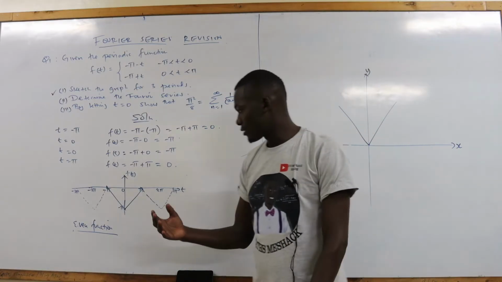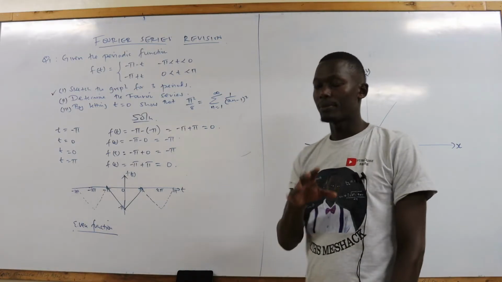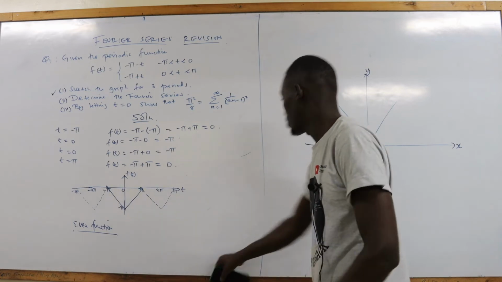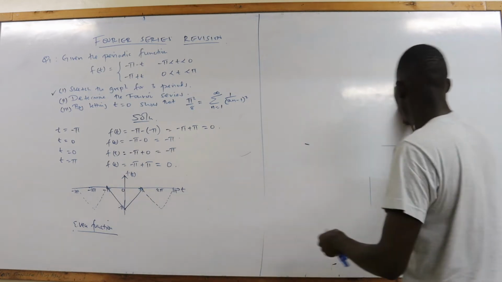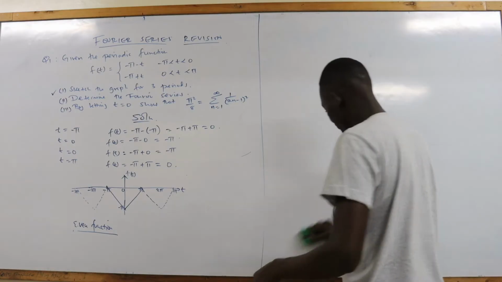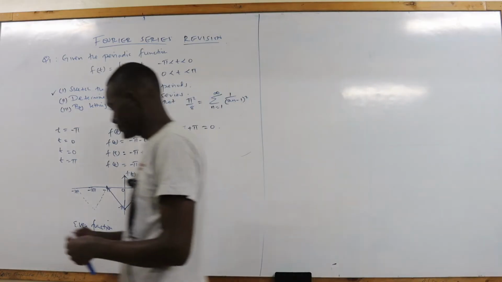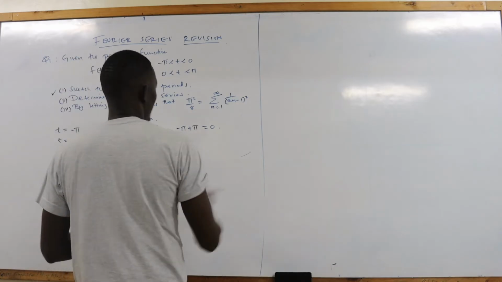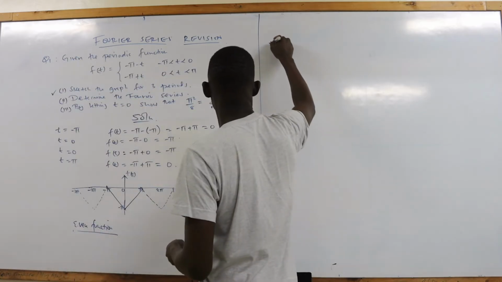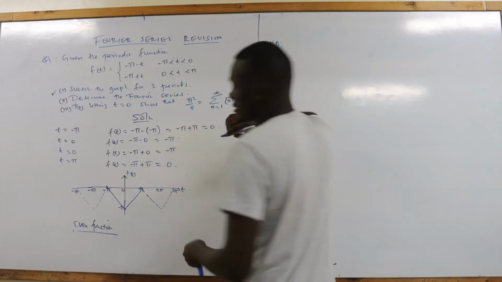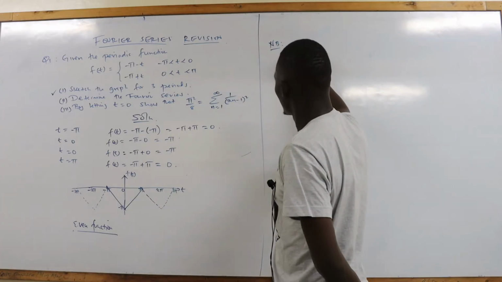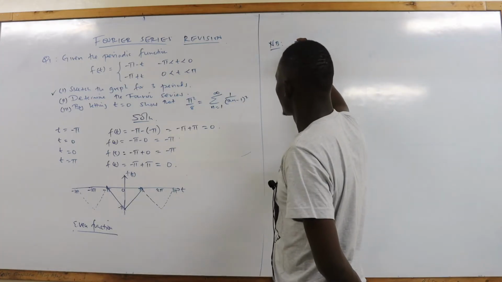Now, let's go to a few aspects that you need to remember, to note, that we shall be using here. So you can have this one as NB. You need to know some few things.